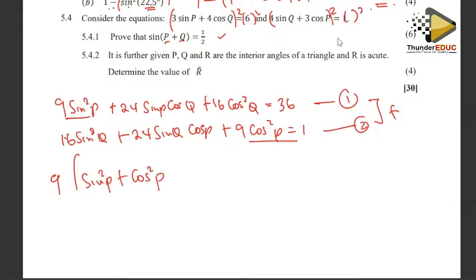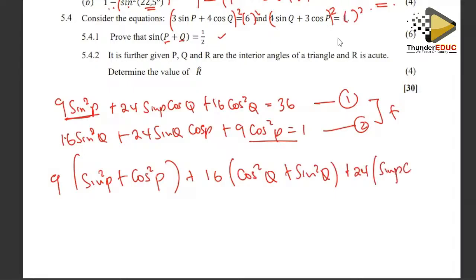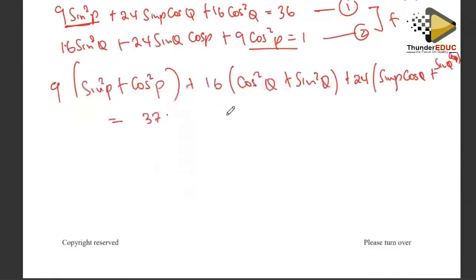Let's do the same with the 16: 16 times cos squared q plus sine squared q. And then these ones have the same 24, so we have sine p cos q plus sine q cos p. This is equivalent to just a 37.